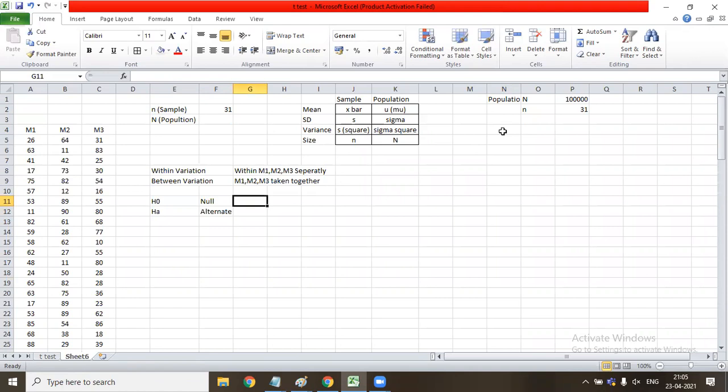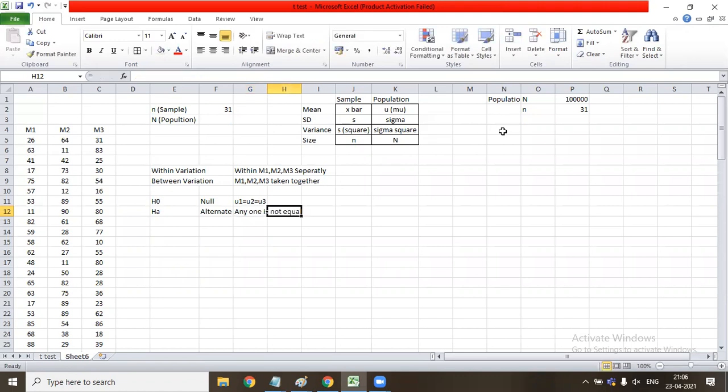Null says mu1 equal to mu2 equal to mu3. Alternate says any one is not equal.